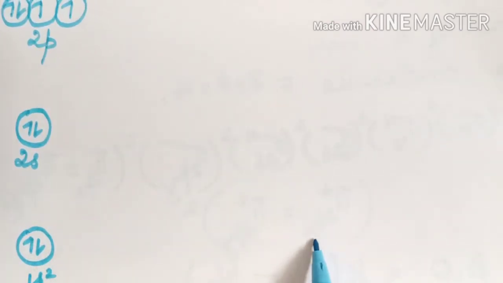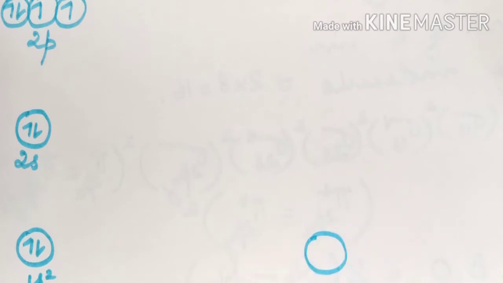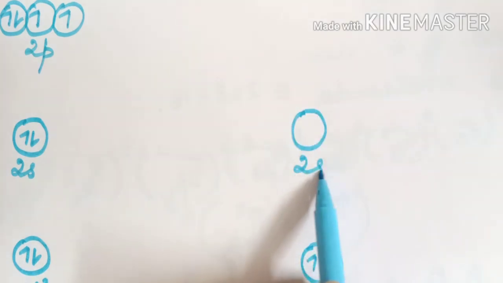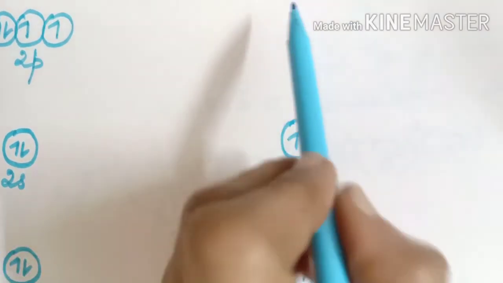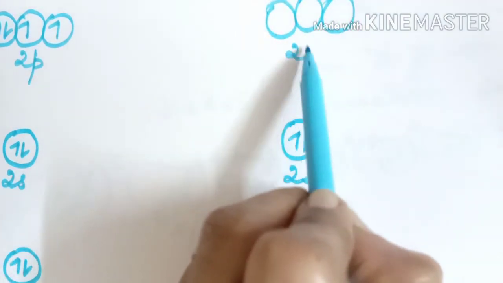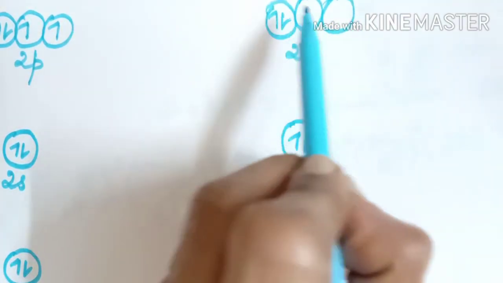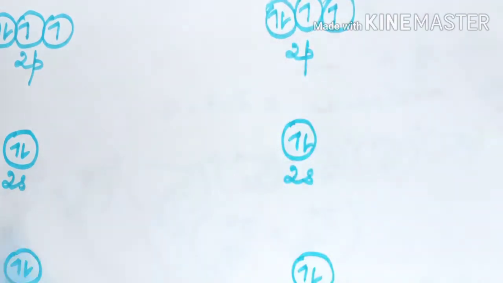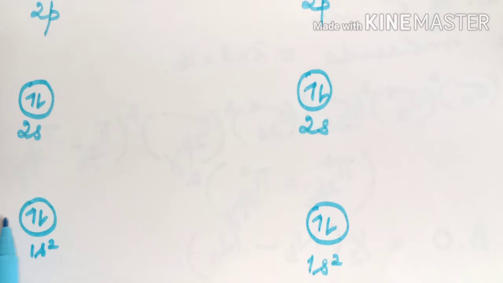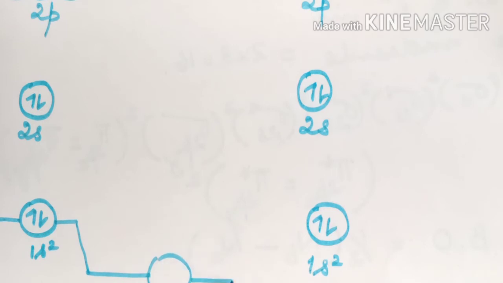So we'll draw 1s2, then 2s2, 2p4. We shall now represent the molecular orbitals and do the configuration.